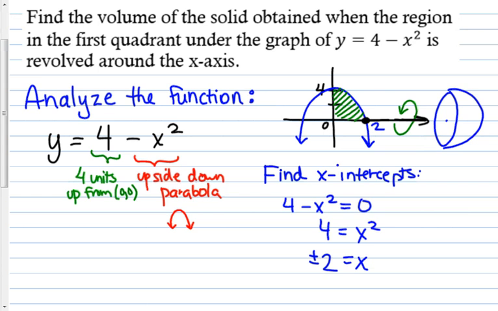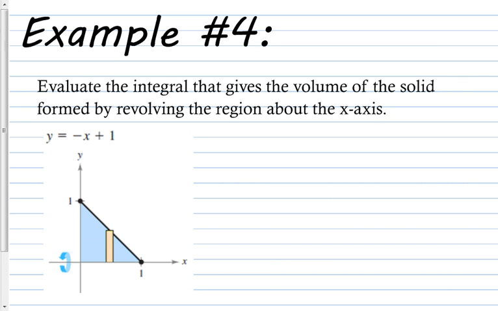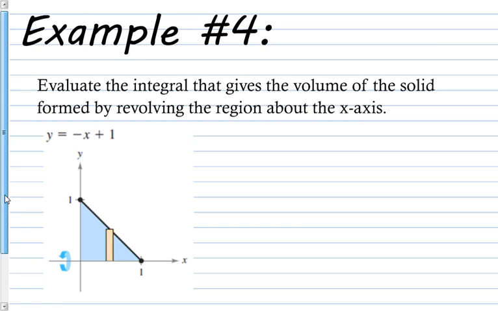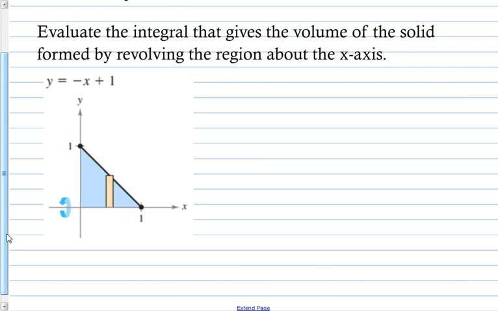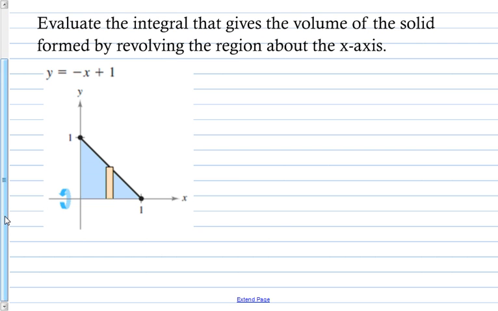Alright, example 4. Evaluate the integral that gives the volume of the solid formed by revolving the region about the x-axis. Okay, so here's a picture of the graph. We are revolving it around the x-axis. That means that when I revolve, go in circles, this triangle shape is going to spin around and around, and when it spins, it's going to form this shape.